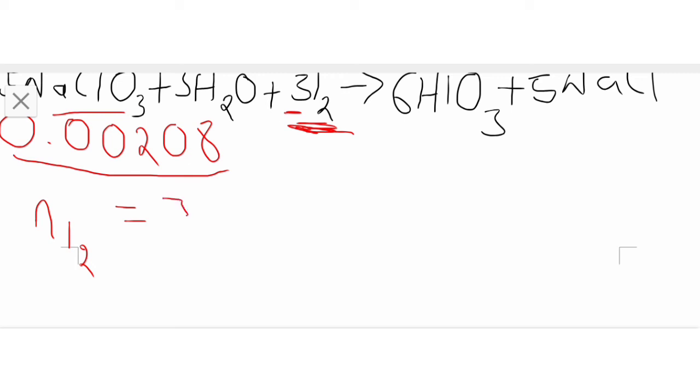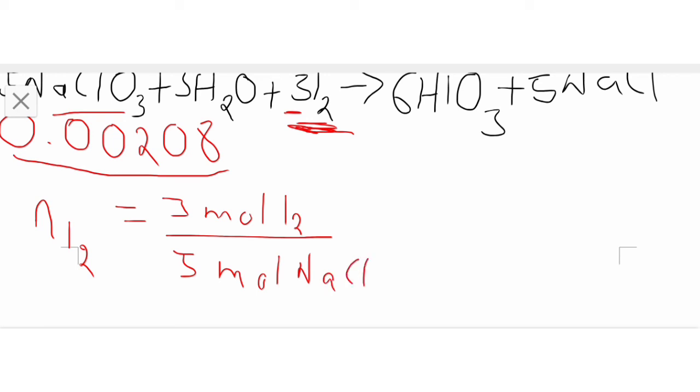So we have 3 moles of iodine. Then down here, we're going to get the coefficient in front of sodium chlorate. What coefficient is in front of sodium chlorate? That is 5. So meaning we have 5 moles of sodium chlorate.